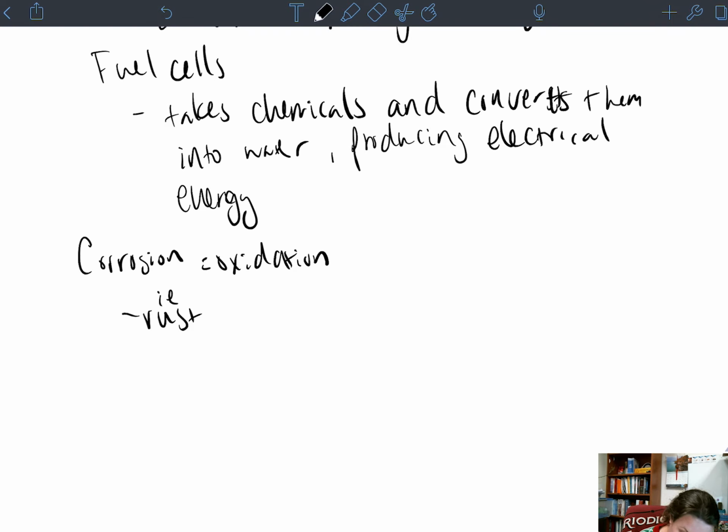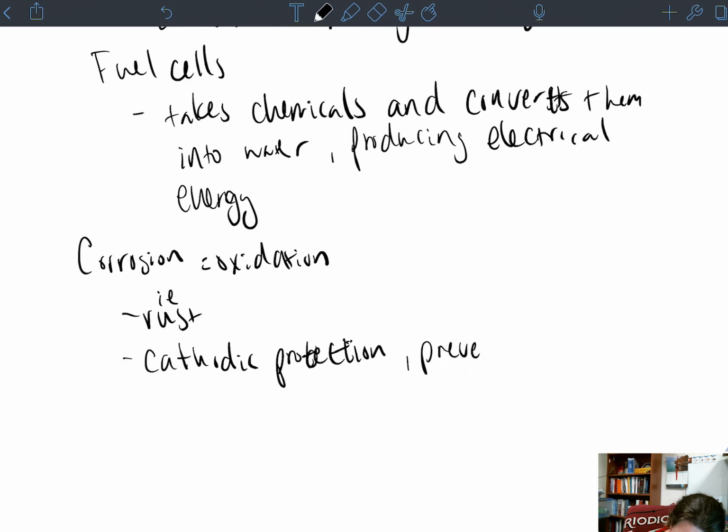You can use what's called cathodic protection, and that is going to prevent oxidation. This can be used to basically protect a material from being oxidized.